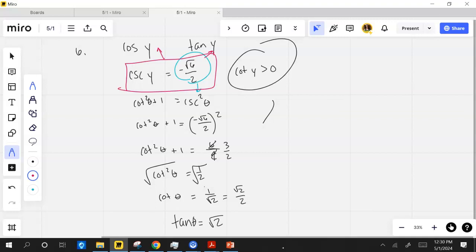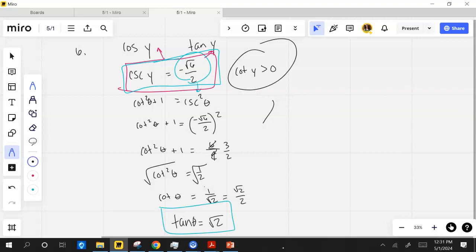Cosine. So how am I going to find cosine now? Look at what I've been given. Now I have a value here, and I have a value here, right?